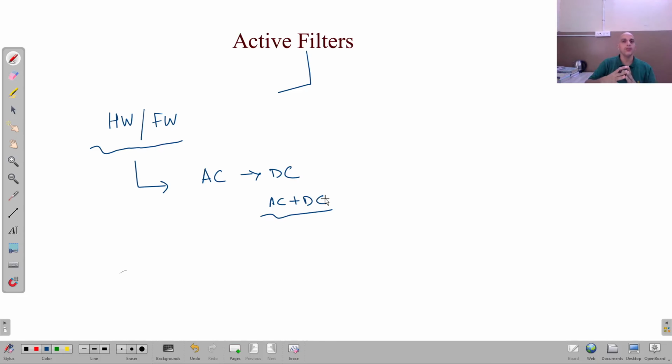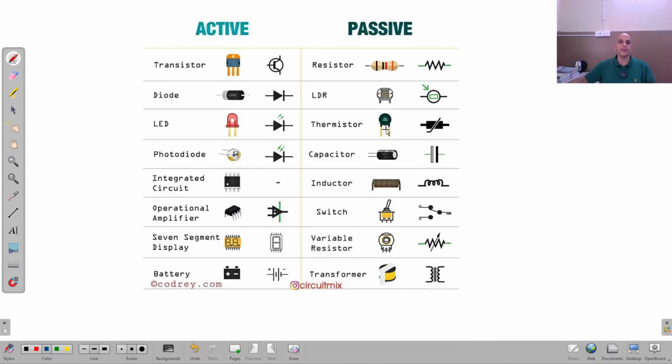We have gone through the passive filters in the previous classes that were used for removing this undesirable AC component from the output of the rectifier, and those passive filters were dependent on the use of passive components of the electronics, right? So before going further, first of all, look at the active and passive components in electronics.